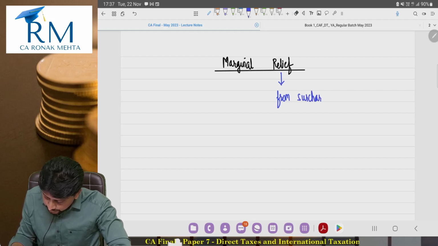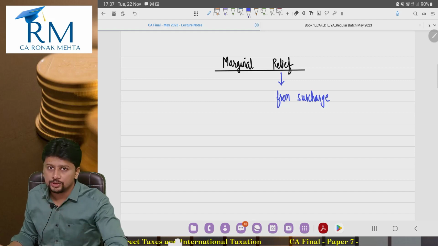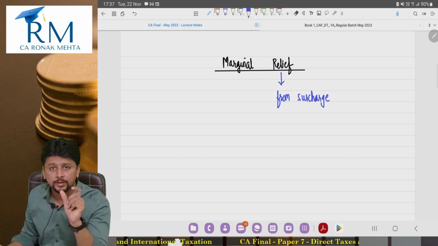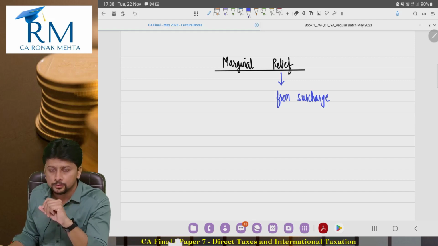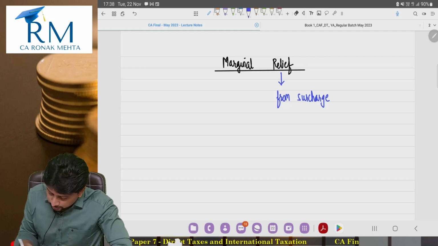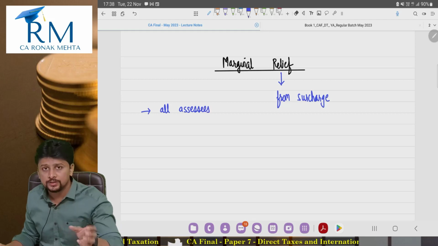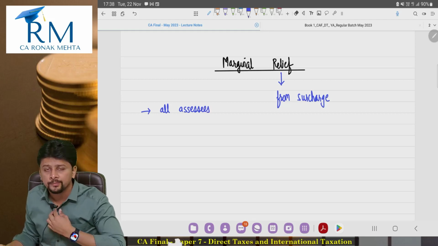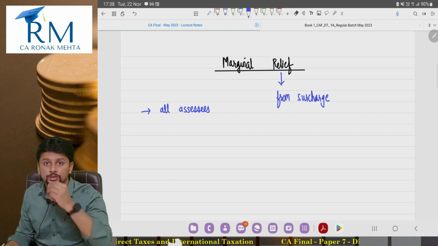So if surcharge is applicable to you, only then you are entitled to this marginal relief. There is a meaning to that word marginal also, but in 2 minutes we'll develop the meaning of that word also. This concept of marginal relief is available to all the assessees. It's not a concept which is restricted only to individual and HUF. Companies, partnership firms are also entitled to this marginal relief.